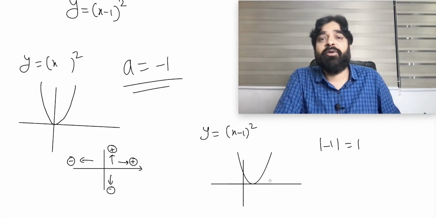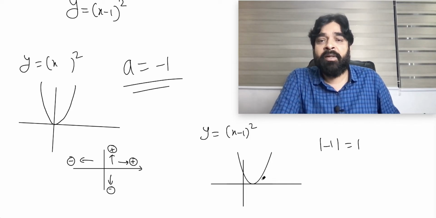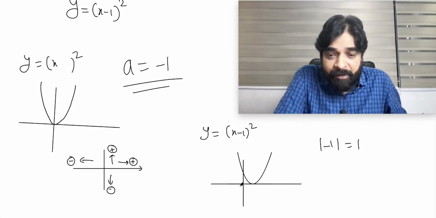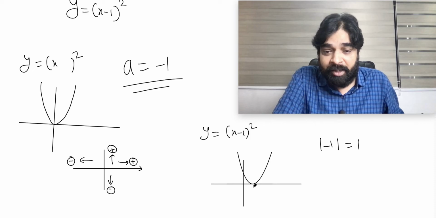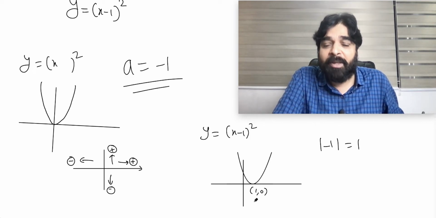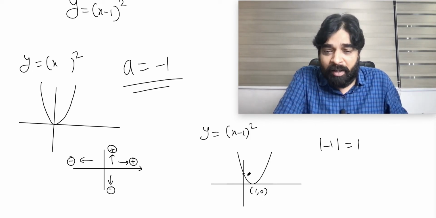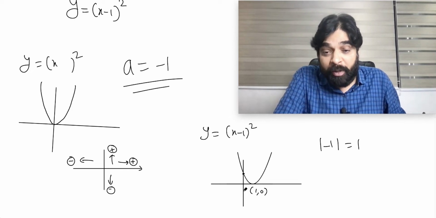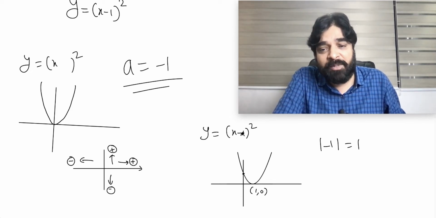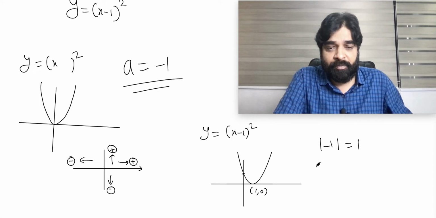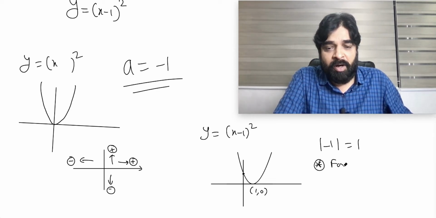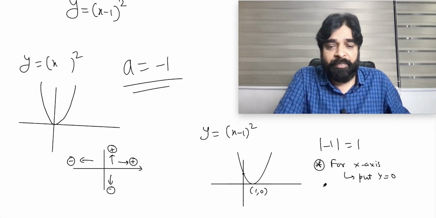This is the graph of y equal to (x minus 1) whole square. Have you understood? If you displace 1 unit, this coordinate will be 1, 0. And to get the coordinate on the y-axis, always put x equal to 0. For the x-axis, put y equal to 0.